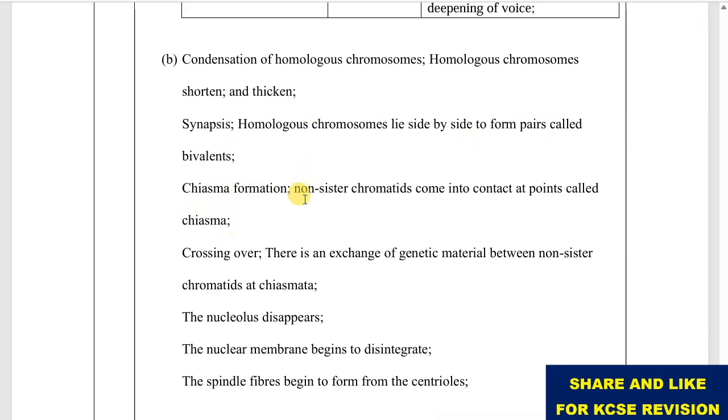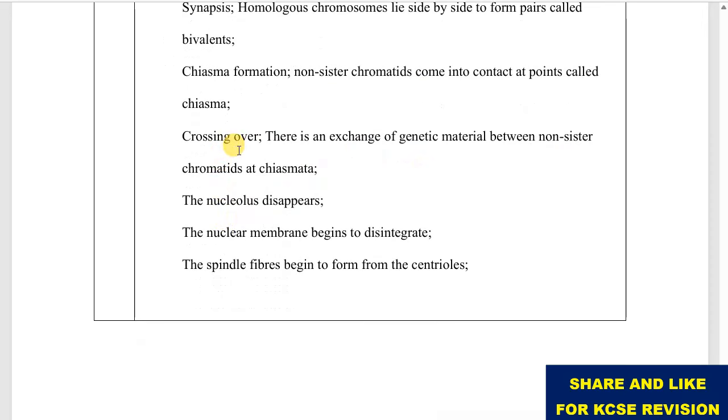Chiasma formation. Non-sister chromatids come into contact at points called chiasmata. Crossing over. There is an exchange of genetic material between non-sister chromatids at chiasmata.